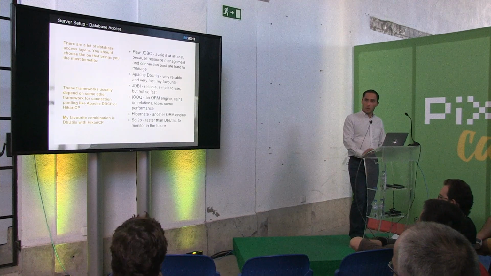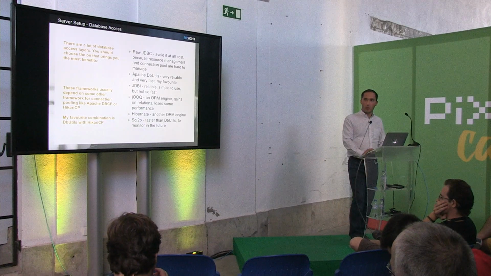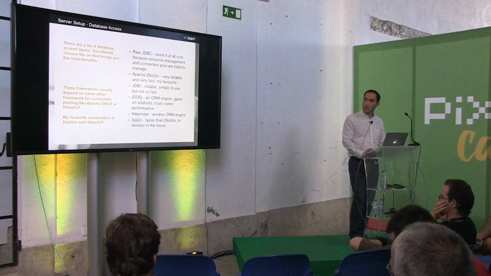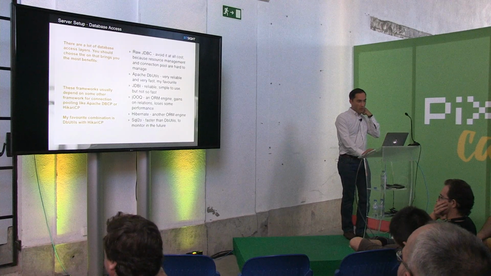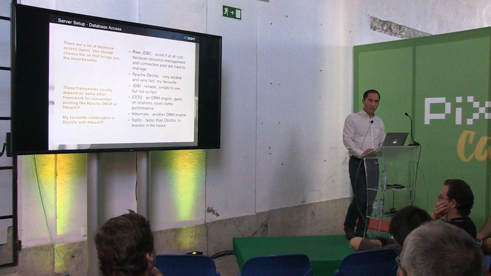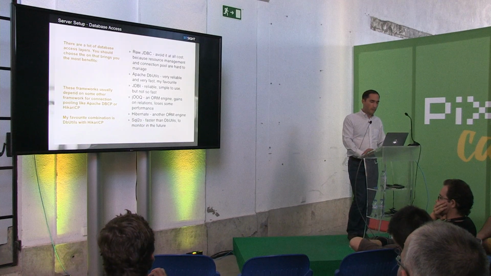Sometimes your application will run for a day or two, and after a week it will crash because you have some issues in it. With dbutils, that kind of issue doesn't happen. It manages its resources very well. It's very reliable, very stable.